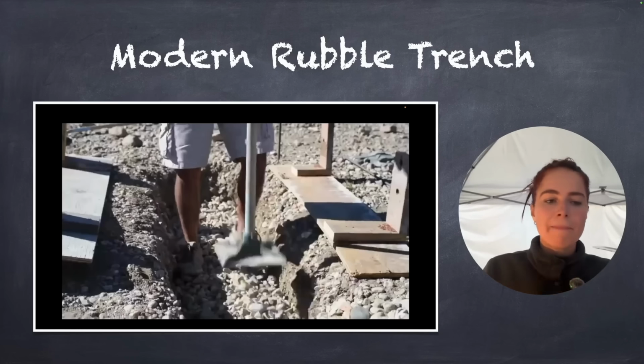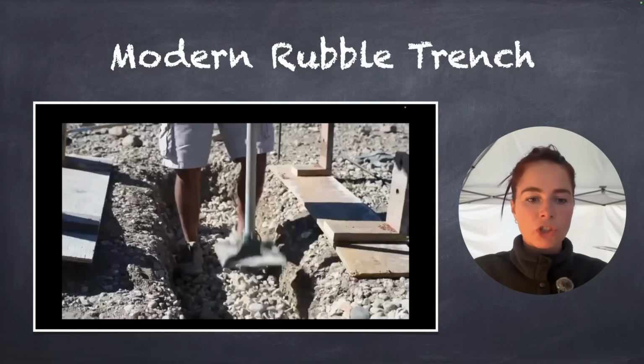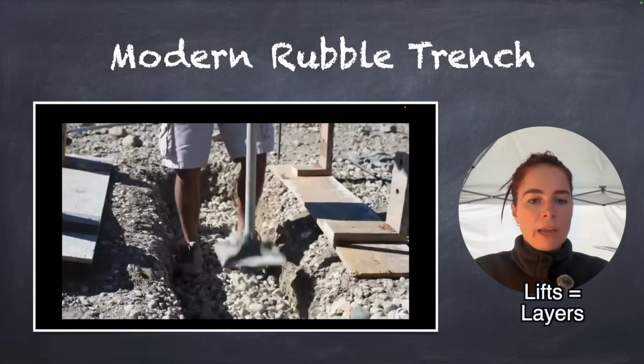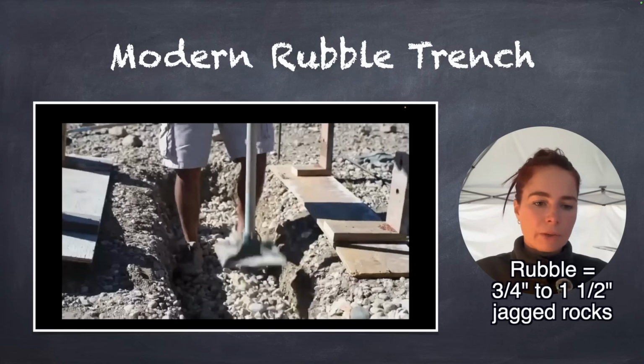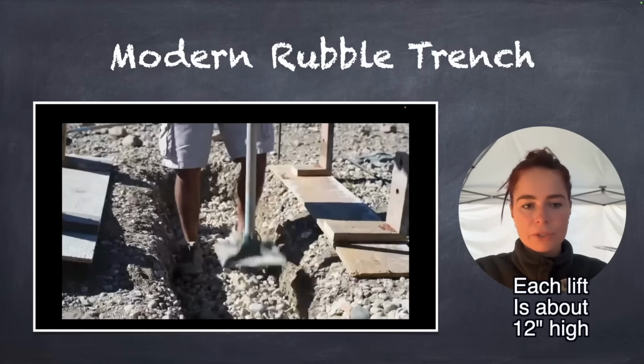I'll play the video in a minute, but basically they're putting angular washed stone. So again, with those fine particulates removed, they're just putting them into the trench, like into a dugout excavated trench, in lifts, which just means that they're put in layers. So they're 3/4 to 1.5 inches big, and those layers are put in, and then it's compacted down, and you'll see them doing that.